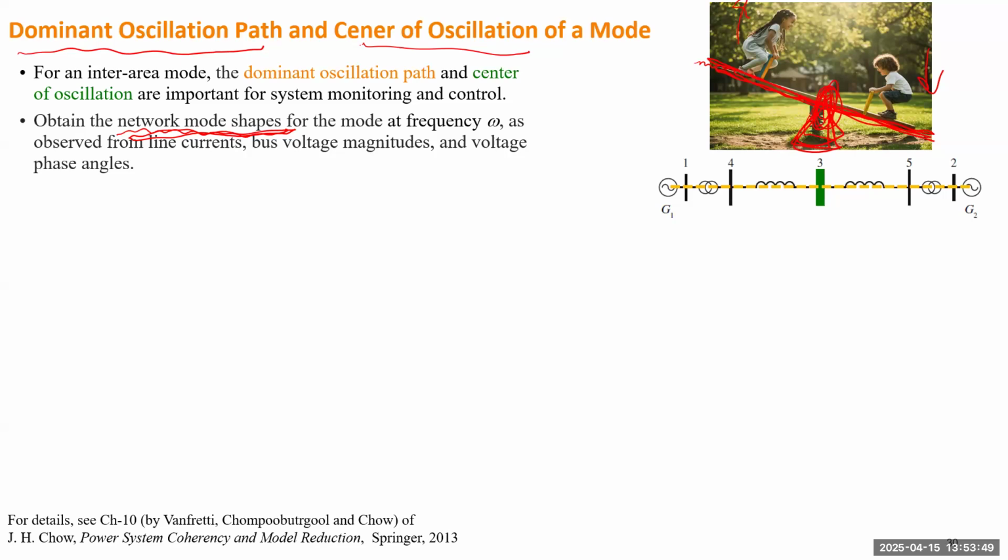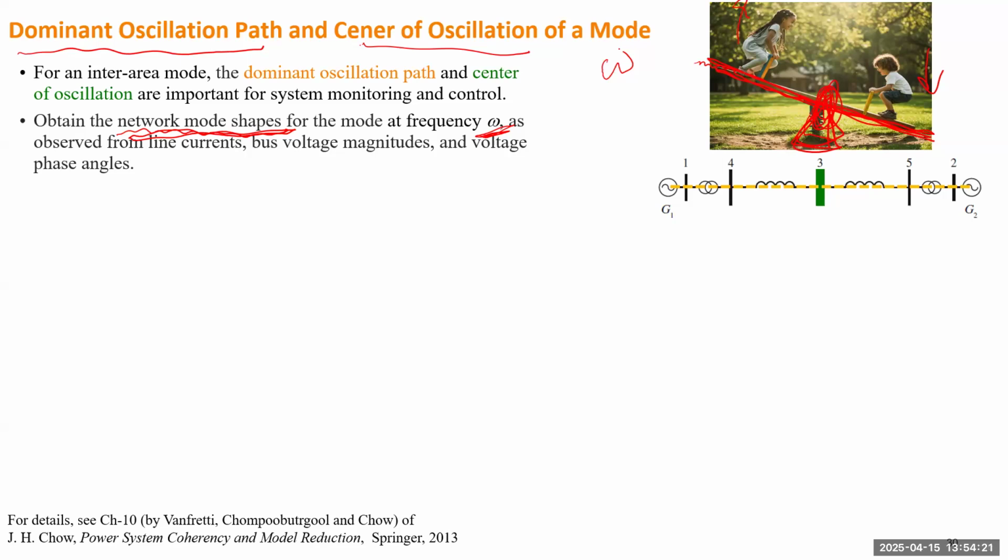Definitely, if you can make the entire system be a dynamic model by differential equations, you just do a similar study, and you can have the mode shape for the entire network. Or you can utilize some measurement-based approach to estimate the mode shape at different locations. We need to find the mode shape for this frequency, this mode, depending on which mode. Which means you can do such a study for any frequency.